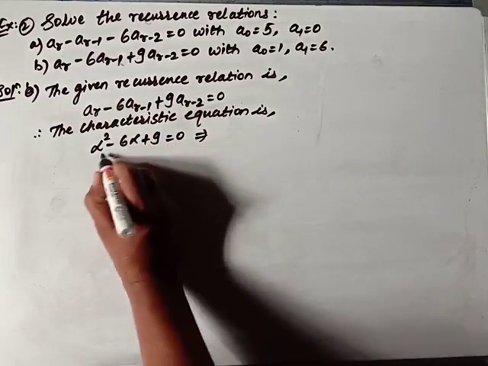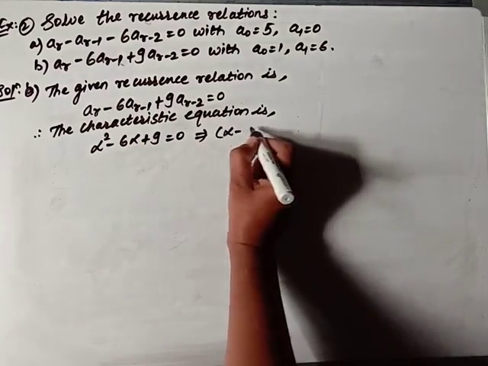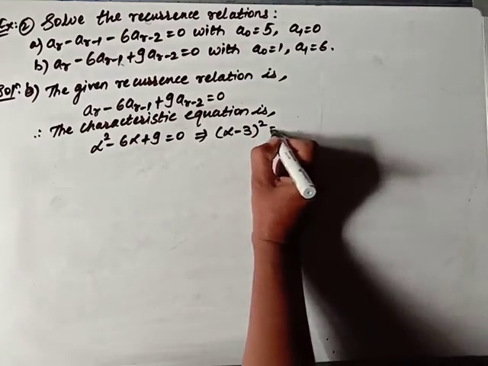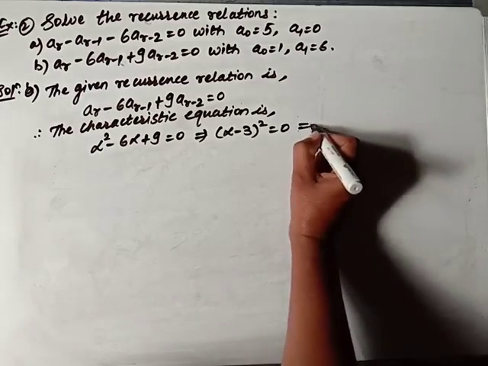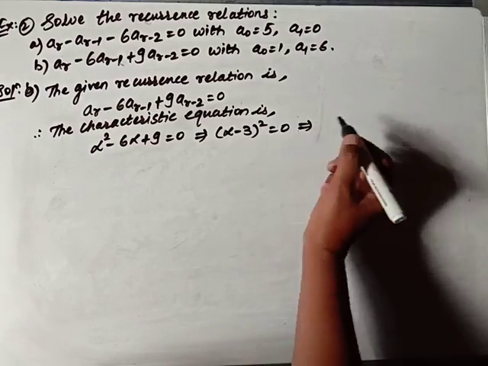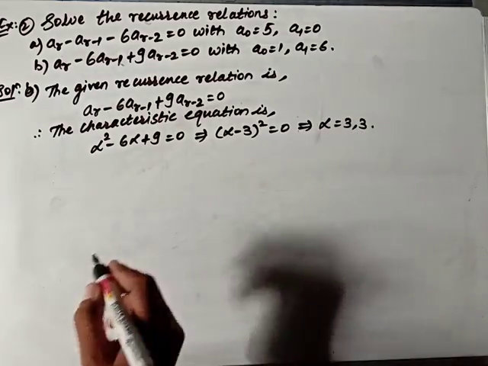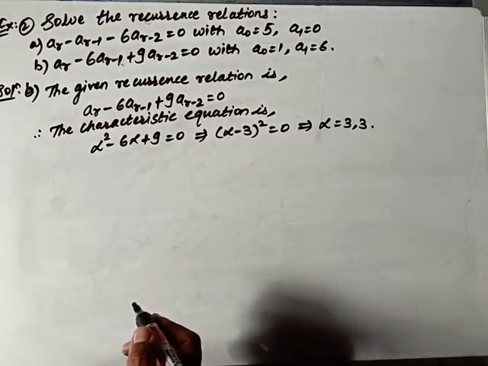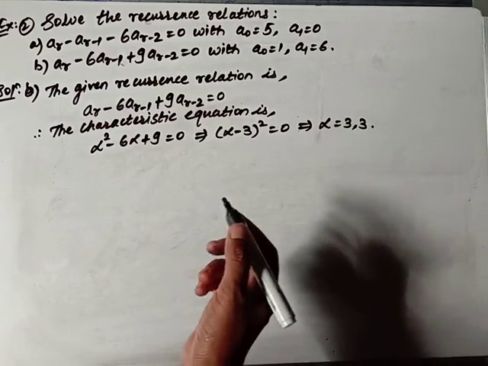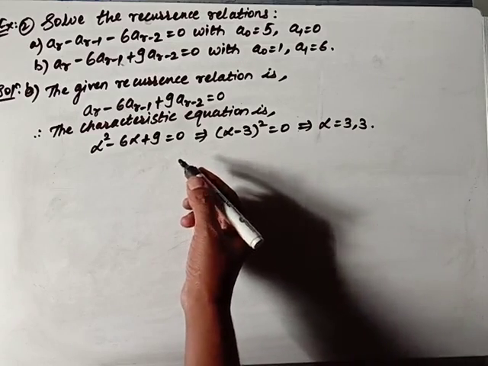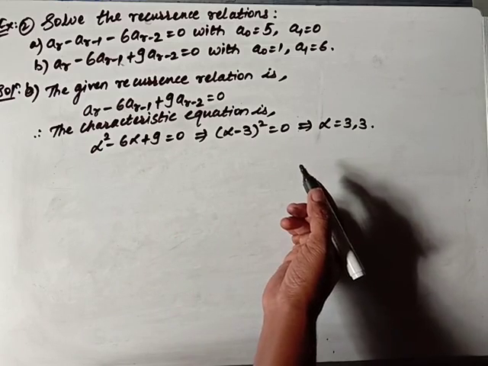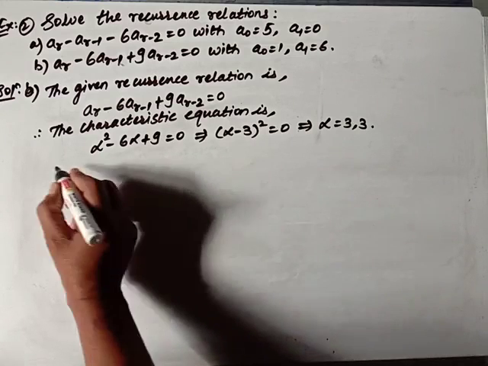If you look at it carefully, this is nothing but alpha minus 3 whole square is equal to 0. So that gives us alpha minus 3 into alpha minus 3. So alpha is equal to 3, 3. So 3, 3 will be the roots of this characteristic equation, and 3 repeats twice.